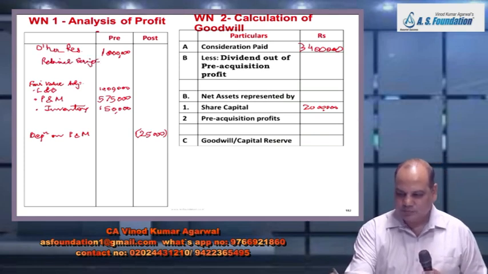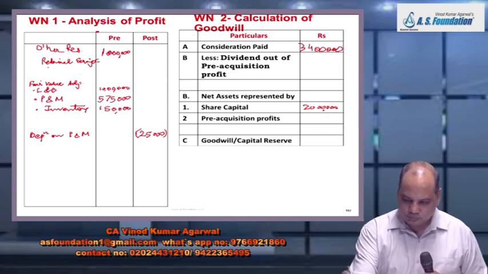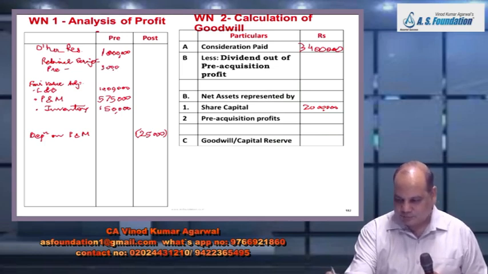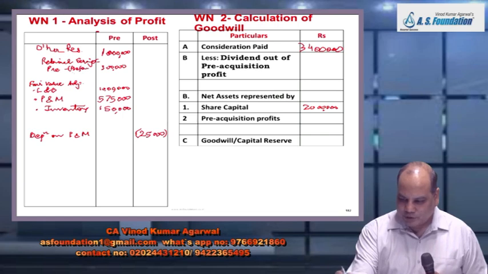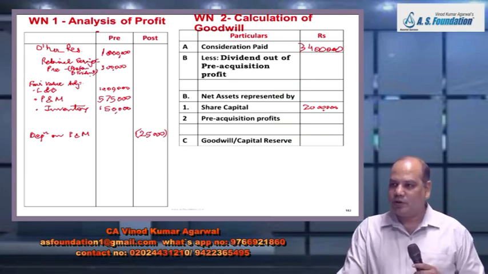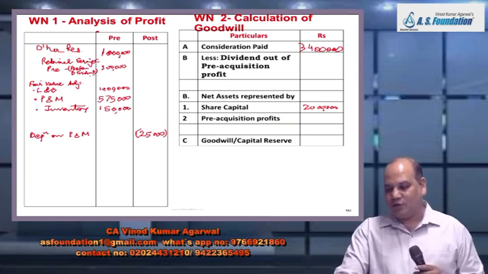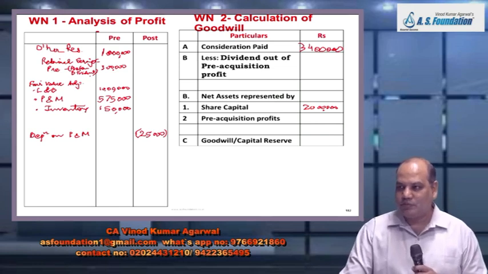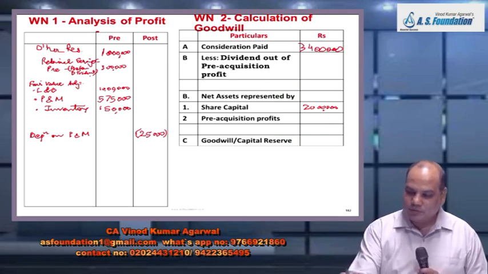Retained earning pre 3 lakh. In bracket write before dividend. That means we have reversed the dividend. 1 lakh is the profit left out of pre-acquisition plus 2 lakh dividend added back. 3 lakh.